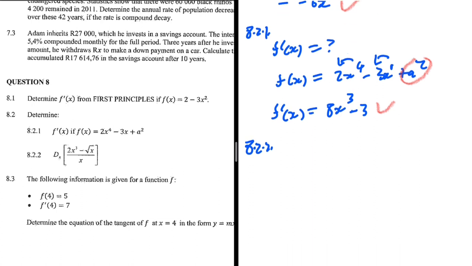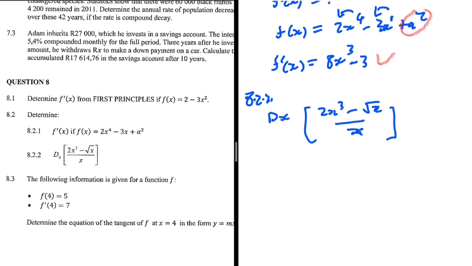8.2.2, we are looking for d/dx when we have 2x to the 3 minus square root of x, divided by x. So instead of dividing by x, let's just multiply by x to the minus 1. Okay, we can do that.